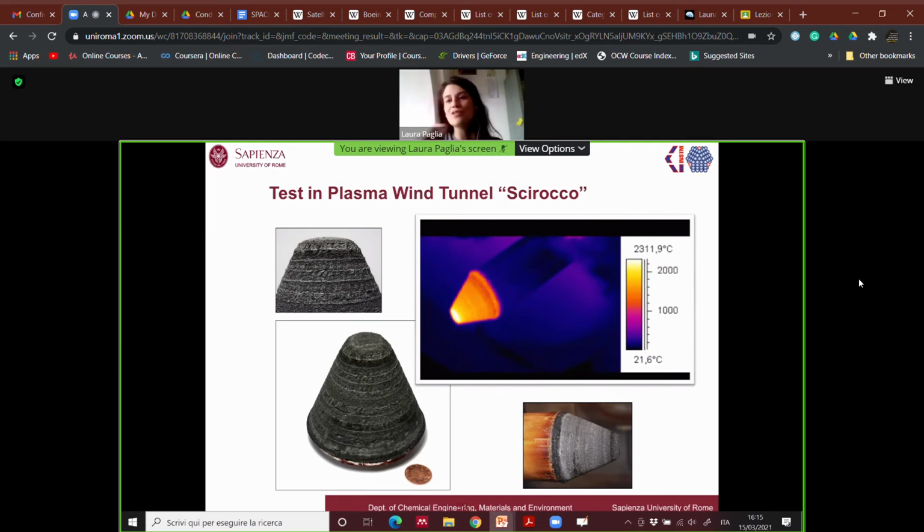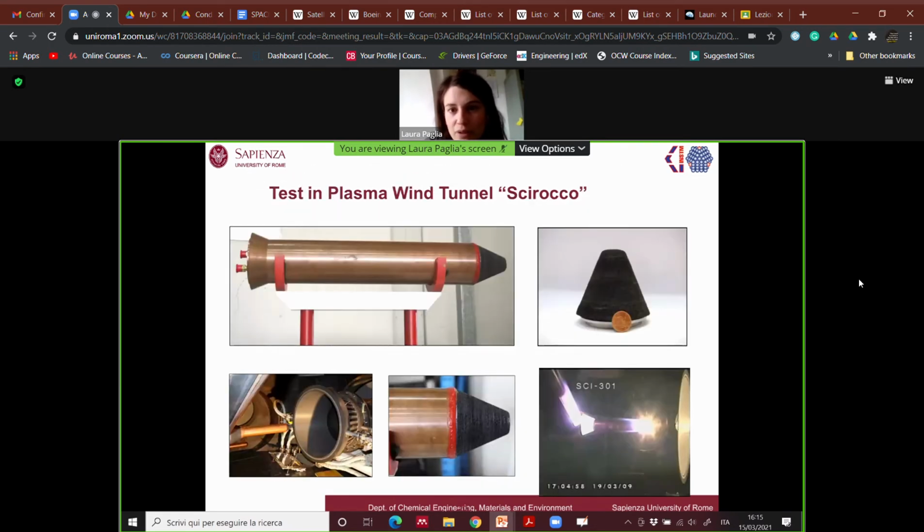And so for this reason, we can observe these lines. In here, after the charred state of the material, they are more evident, but you can observe also in here, for example. In this image, you can observe all these lines because we have more layers of carbon felt put together. Okay.